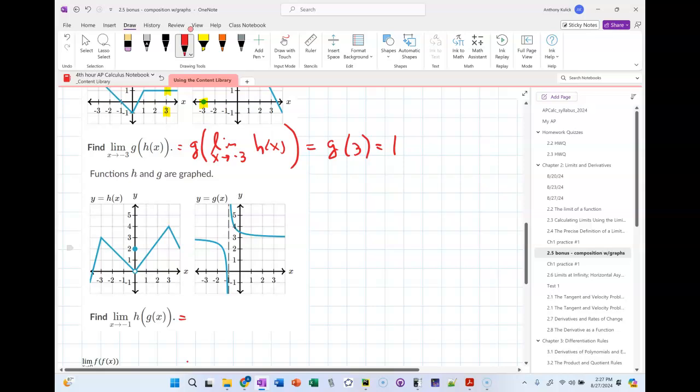Let's try this one, though. So if we try to do that same thing, here's negative 1. What do I say the limit is?